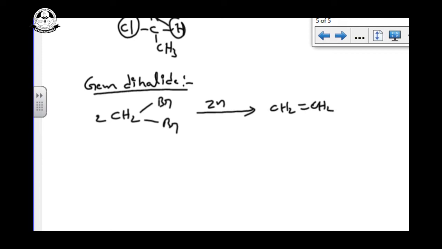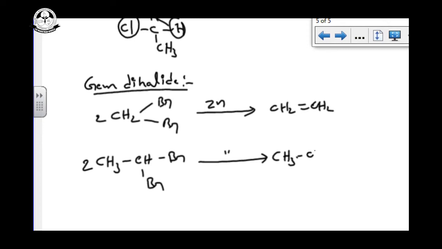For another example, CH3CHBr2 with zinc dust. If you are taking like this, to remove the Br2 we have to take 2 moles, and we can get the compound CH3CH=CHCH3.